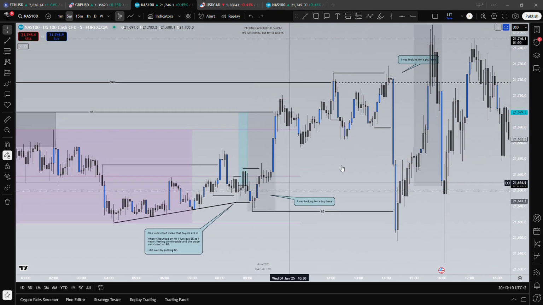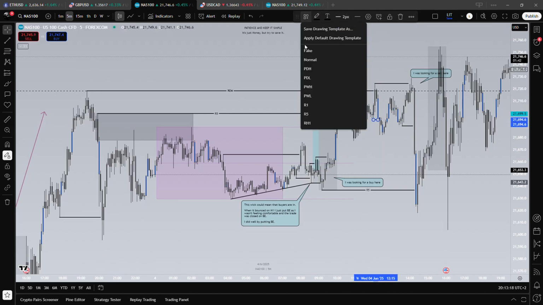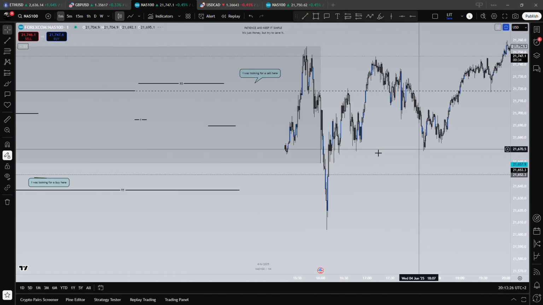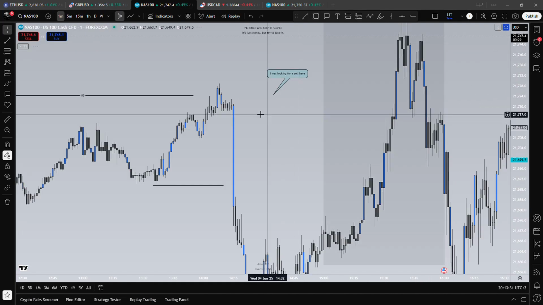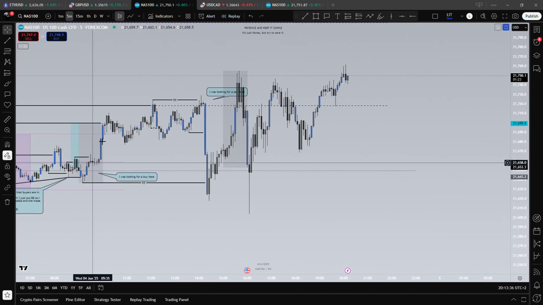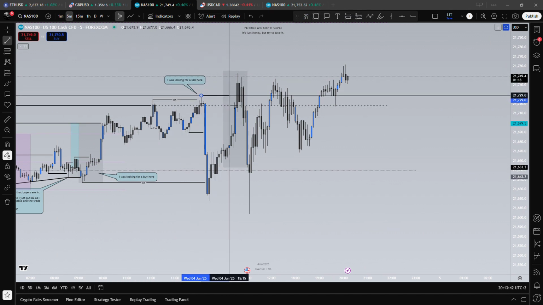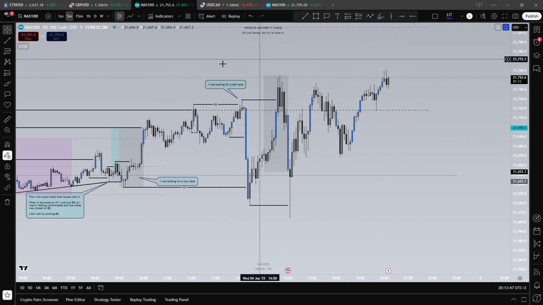Looking for buys here, and then after taking this previous daily high and this round liquidity on M5, we had this fake break to the downside, and then it took the round liquidity on M5, and I was looking for sells, but I had no confirmation on M5 and it went down. Then after that, it was just crazy price action, taking lows and highs all over the place. It looks like a continuation right now.